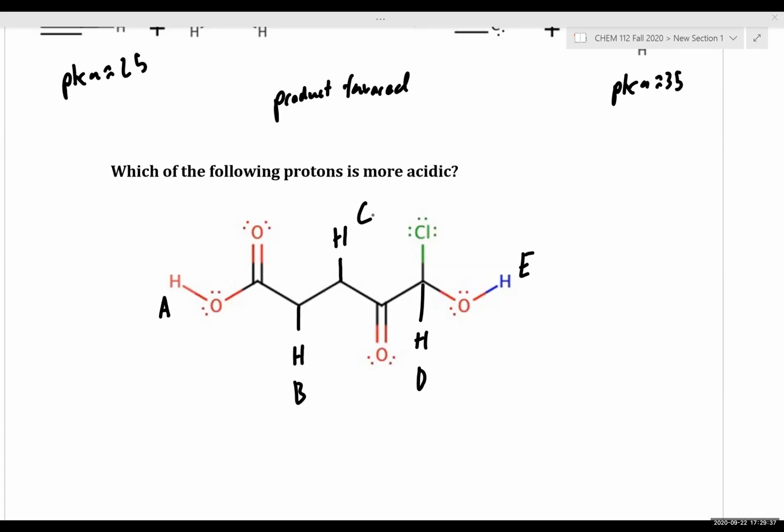Let's try to get a pool of responses, and we'll discuss this example in about 1 minute.